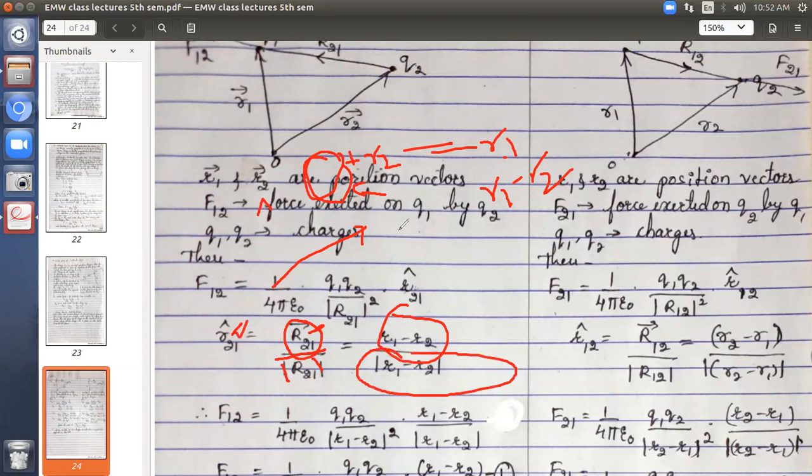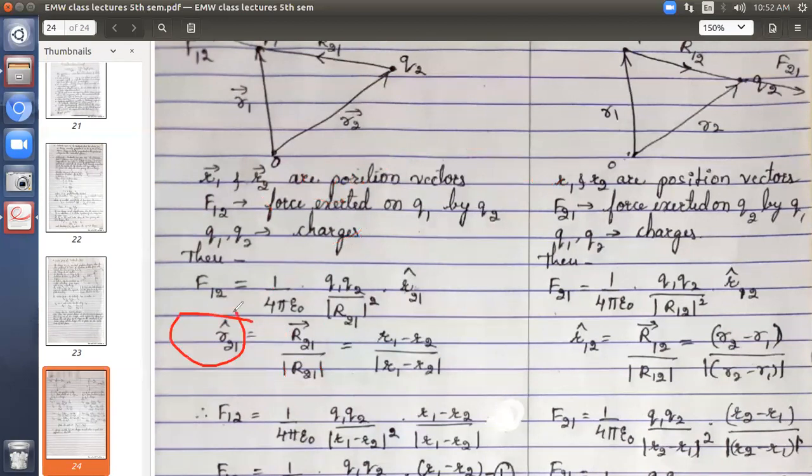Just substitute this in the force equation. If you substitute this value, the R21 magnitude becomes the magnitude of R1 minus R2, squared.